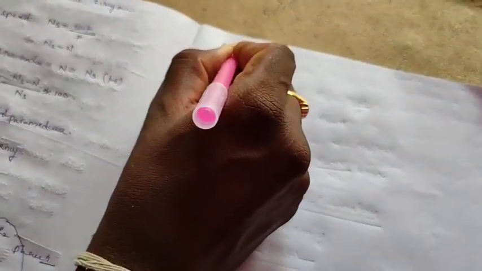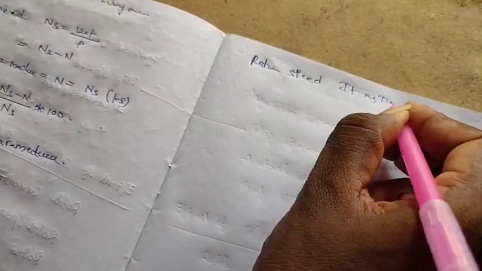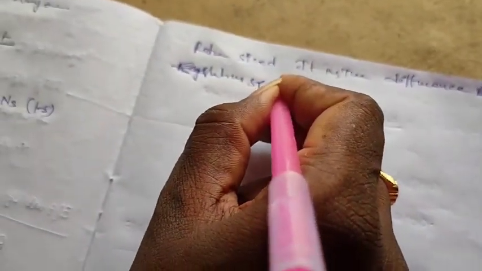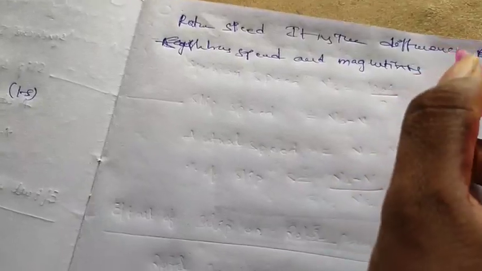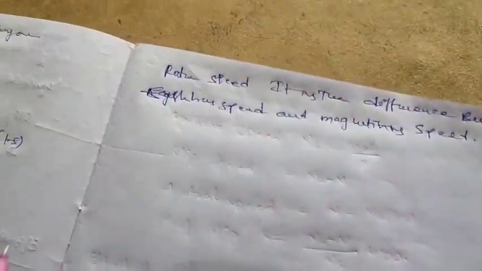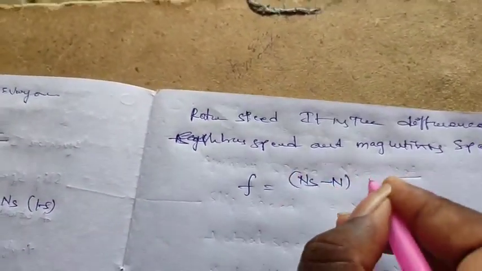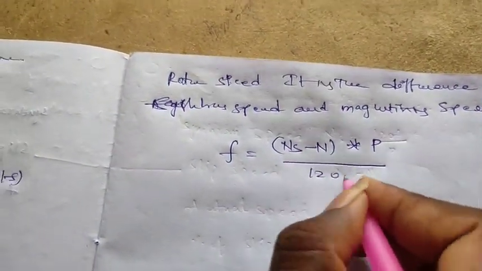For the rotor, it is the difference between synchronous speed and rotor speed, that is f equal to (Ns minus N) into P divided by 120.